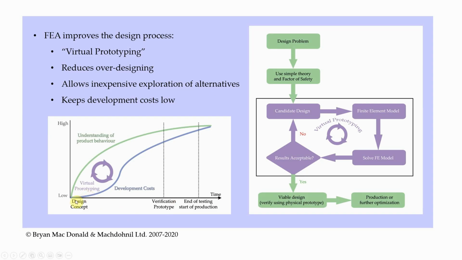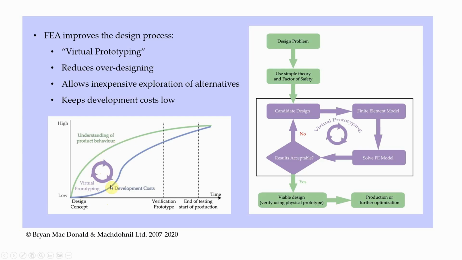This could just be one engineer working on a computer. It could be a team of engineers working on a computer. So again, our costs are relatively speaking much lower than they were beforehand. And if we look at our understanding of the product behavior, so you as the designer doing FEA, because you are running so many prototypes and changing the CAD model, and it's so easy to do this, well, relatively easy compared to building prototypes, you learn a lot about the behavior of the product really early on.